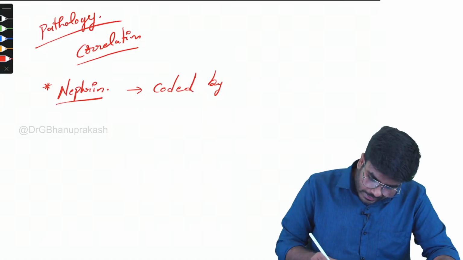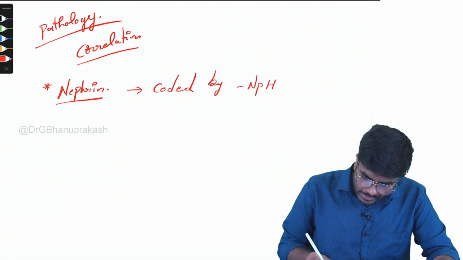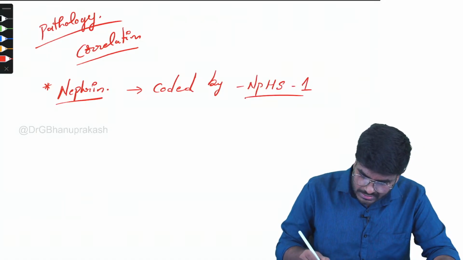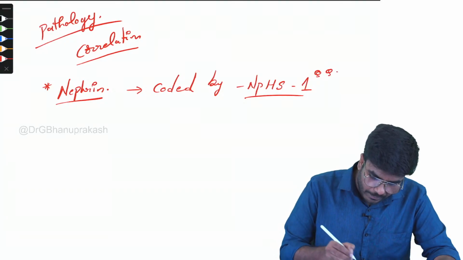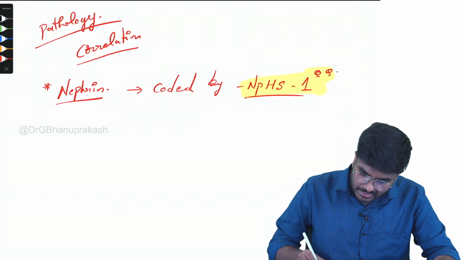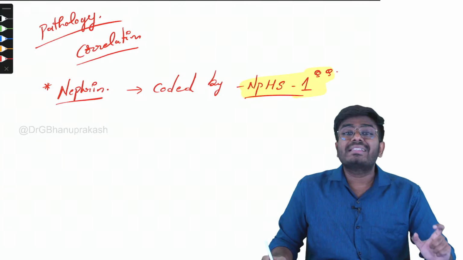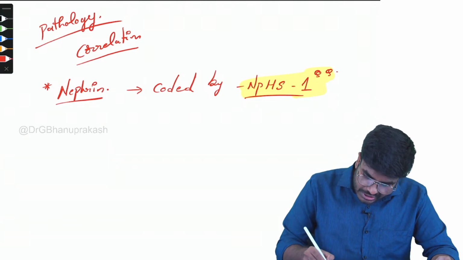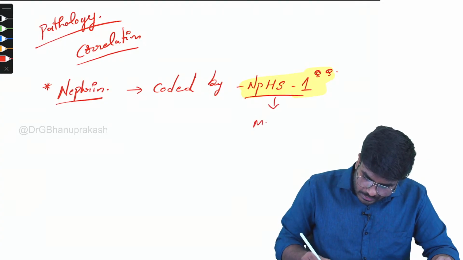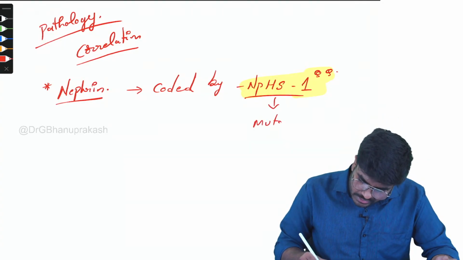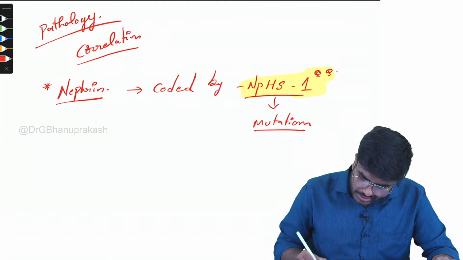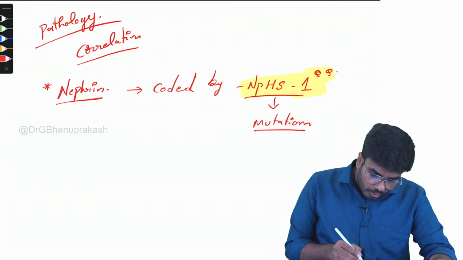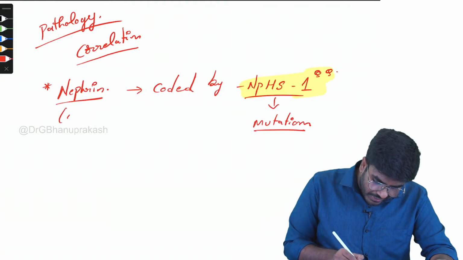Nephrin is coded by the NPHS1 gene. Very, very important MCQ from pathology. Whenever there is a mutation of NPHS1, automatically nephrin will be affected.